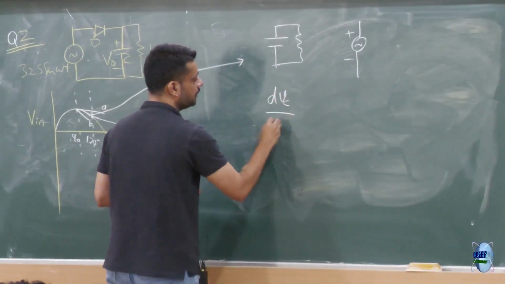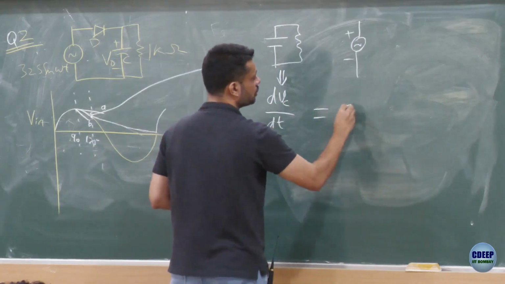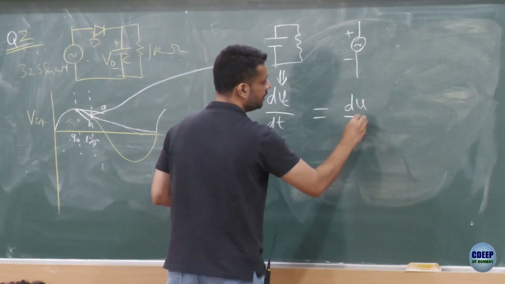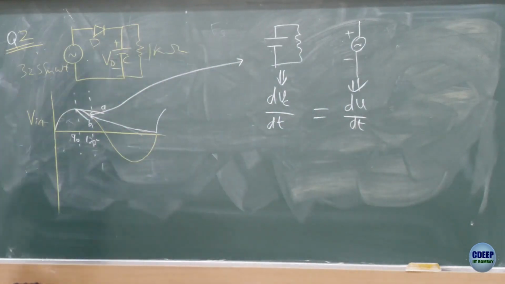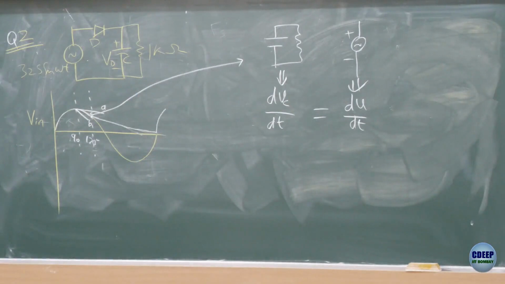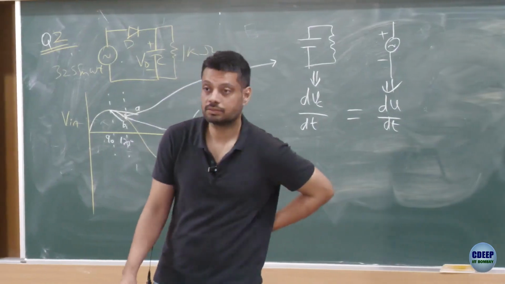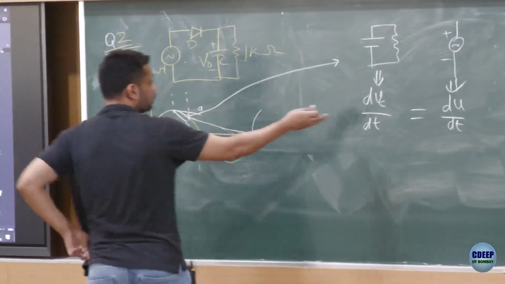So, dVc/dt coming from this circuit should match dV/dt coming from this circuit. Is that okay? That is what would give you the point of separation. Any question, any doubts so far? Any questions? No questions? Do you want me to do the next step?